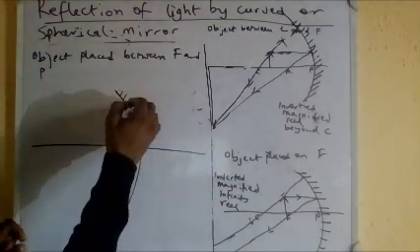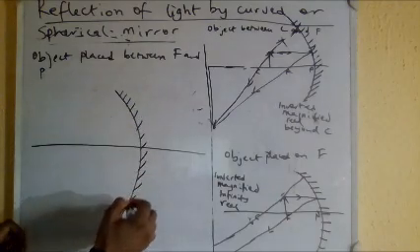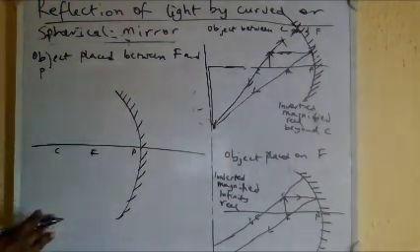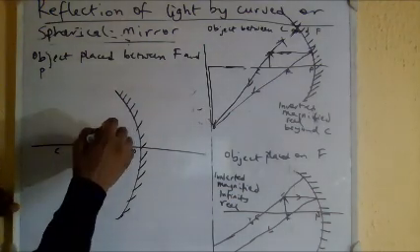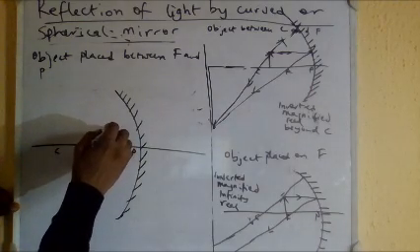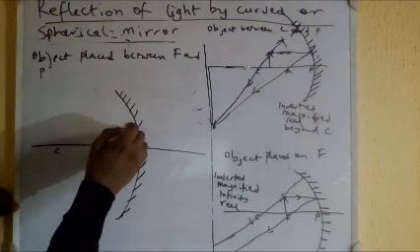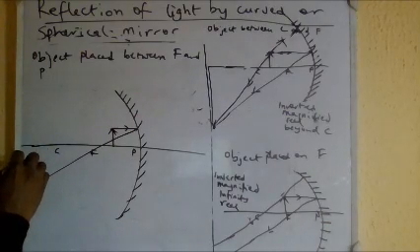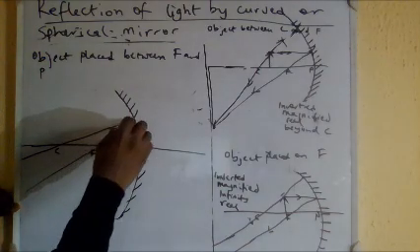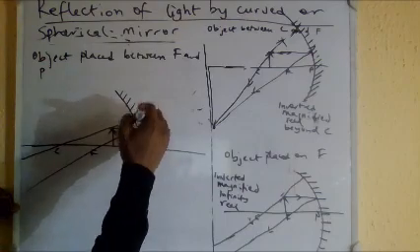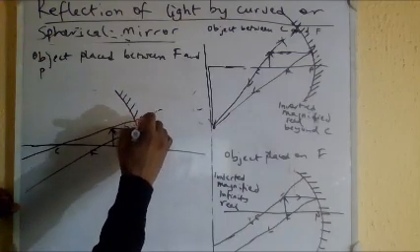So object placed between F and P. So this is C, F, P. Okay, so I place my object here. So what happens is that when the ray of light hits the mirror like this, it's reflected to the focus. Then for this one, the ray comes like this, hits this one, but it will now continue here virtually because it must meet somewhere.